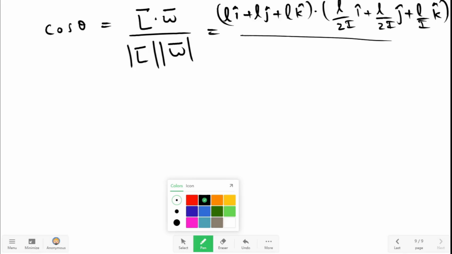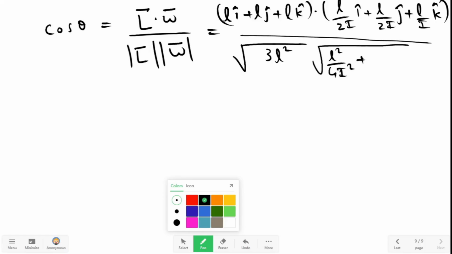divided by the magnitude of L vector, which is root of L square plus L square plus L square, which is root of 3L square, times the magnitude of angular velocity, which is L by 2I the whole square, L square by 4I square, plus L by 2I the whole square, L square by 4I square, plus L by I the whole square, which is L square by I square.